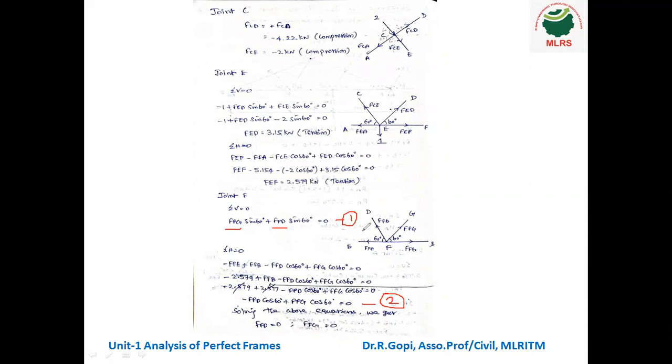Solve these two equations, and finally we got FFD and FFG. This type of problem we already saw in classwork, I think the third problem. Solving these equations, we got FFD equal to 0 and FFG also equal to 0. Okay students, I hope all of you understand these two problems.